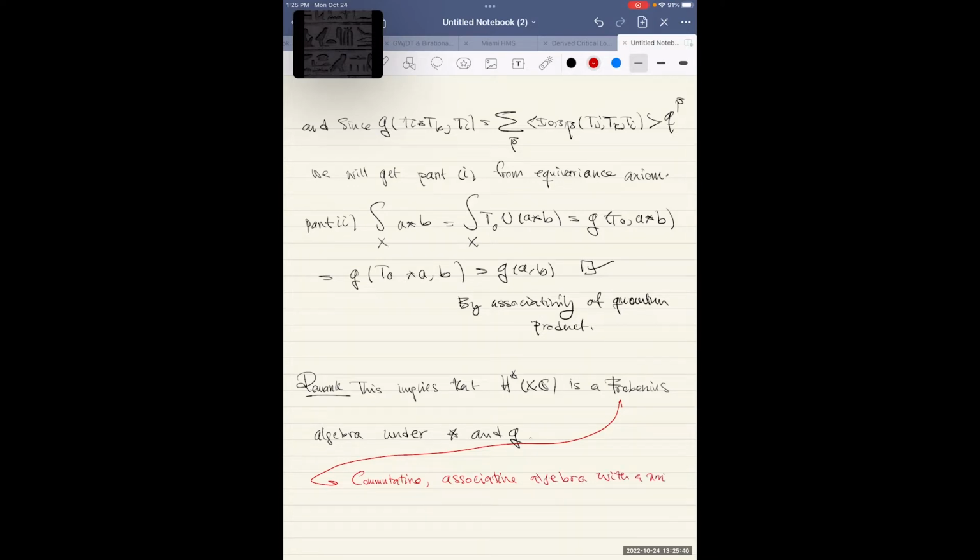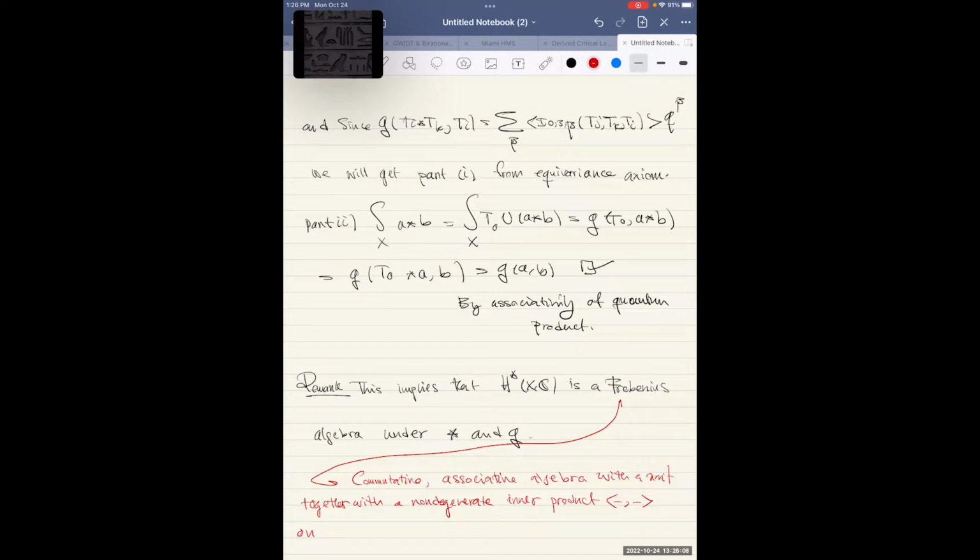We do have a unit: the fundamental class of the ambient variety, together with a non-degenerate inner product structure.